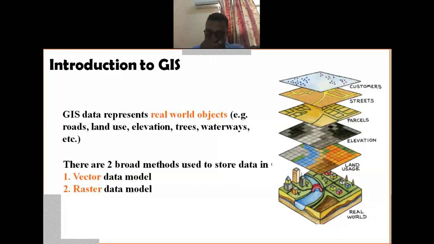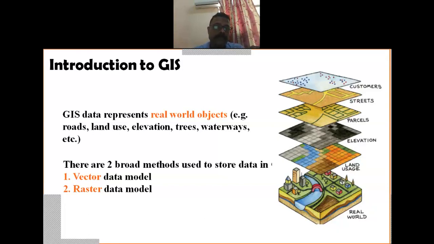Depending on your location, the Uber software, which will be just an Android version installed on your mobile phone, will be able to tell you which are the 3 or 4 vehicles that are actually near you, and then give you the options. Okay, so this is an actual example of GIS software.